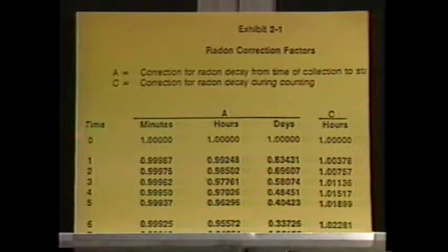And here's the time. Now A is the correction for radon decay from the time of collection to the start of counting the sample.